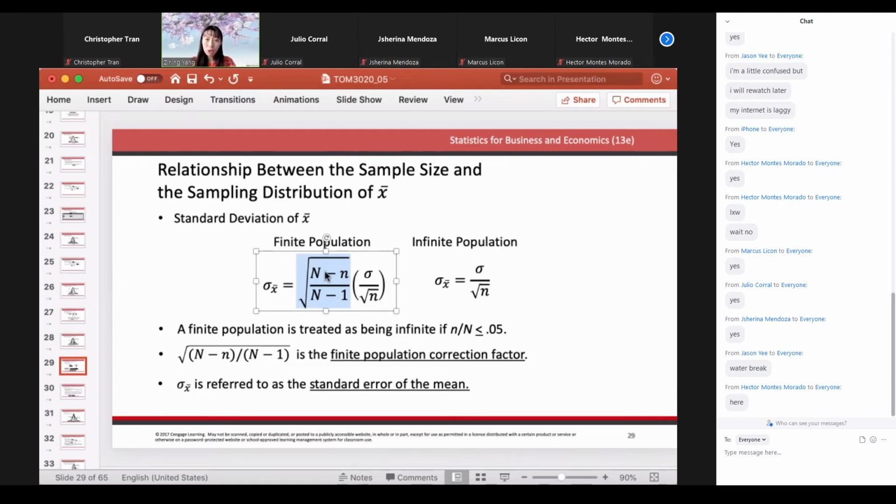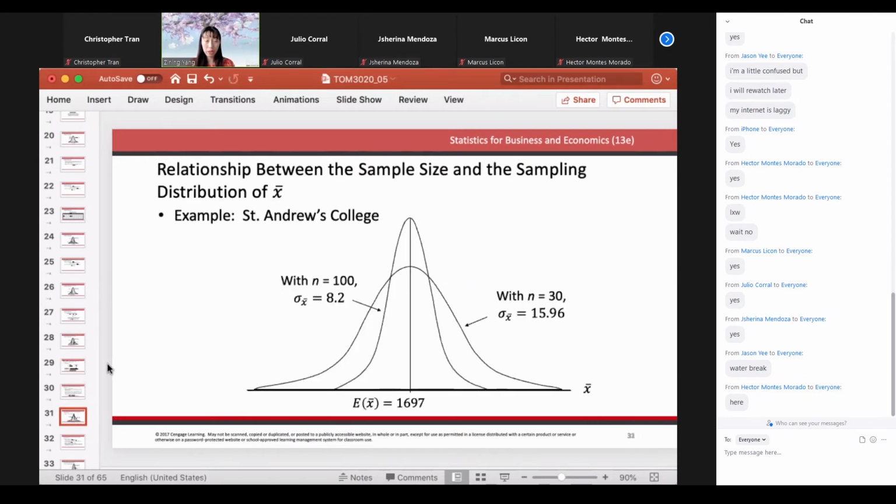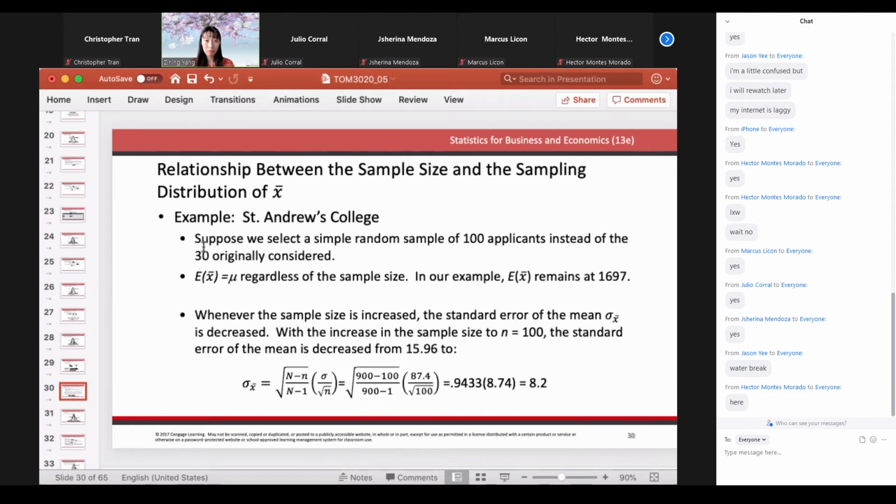When we multiply this in the denominator, multiply that with the original standard error, the standard error will be reduced. In this very specific situation, let's see.